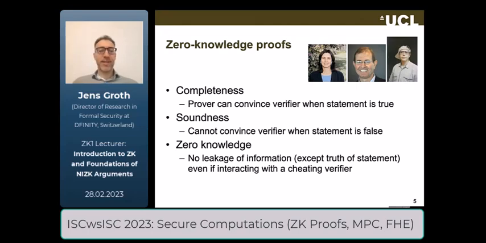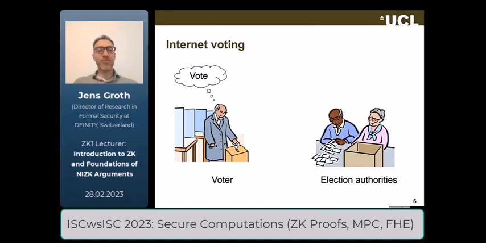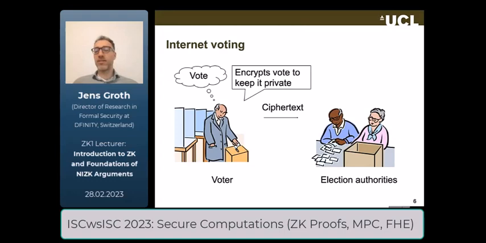Okay, so let's get started with some applications. So I already showed the example of solvency, which is one application of zero-knowledge proofs. The way I got into it was that I was doing a PhD on internet voting. And in these protocols, the voters encrypt their votes to keep them private and send them to the election authorities.